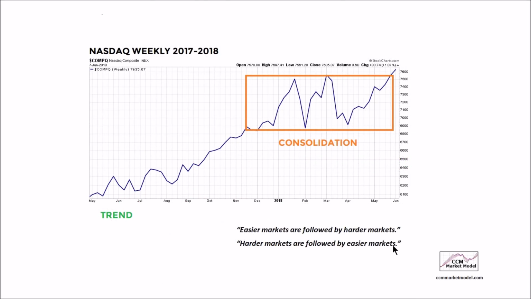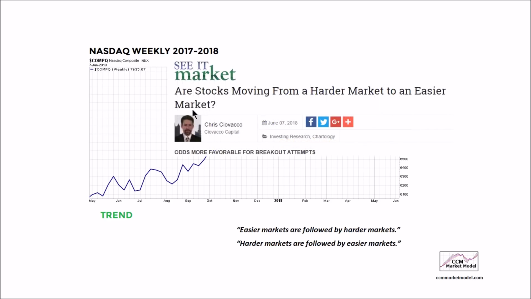And you can find more information in present-day charts about easier markets followed by harder markets in this See It Market post dated June 7th, 2018. It contains charts of growth stocks and additional charts of technology stocks, and in this case it uses ETFs.